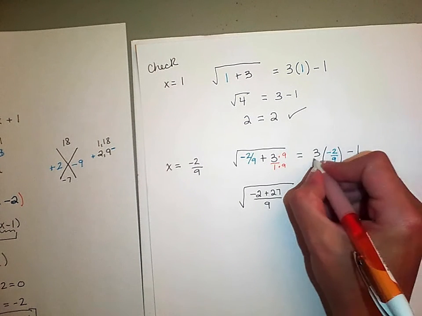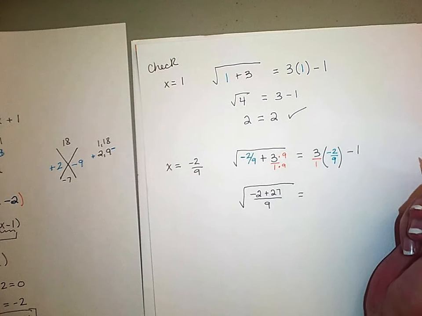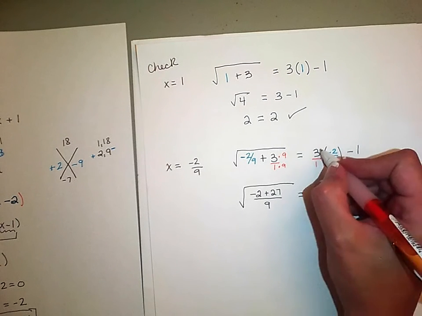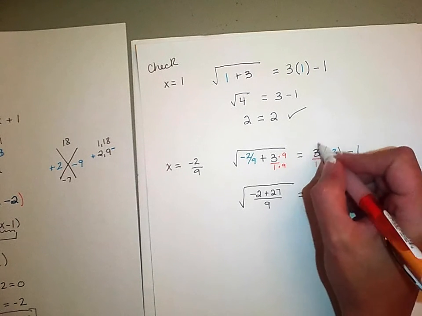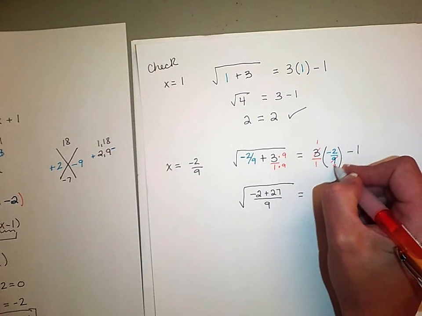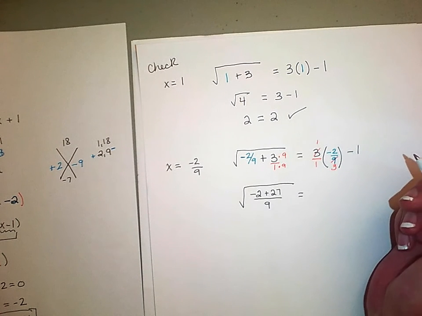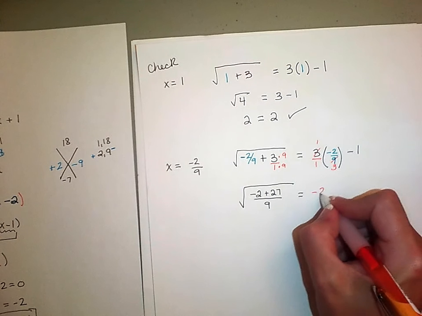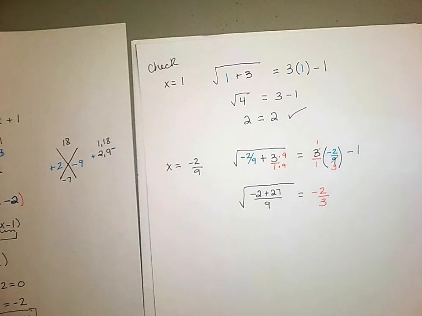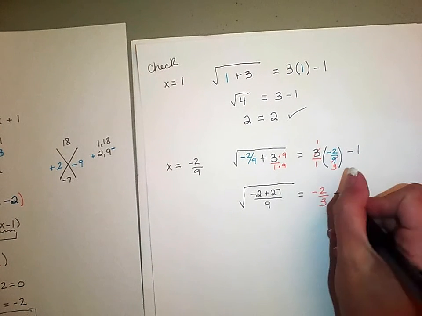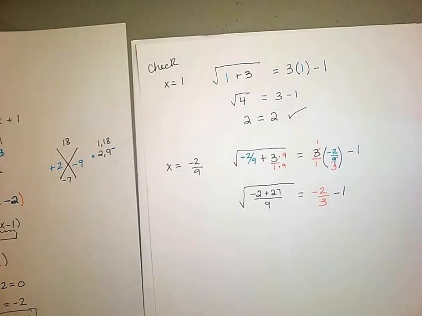Now here, this is like 3 over 1. And in multiplying, so 3 goes into itself once and into 9 3 times. So this is -2/3, and then I subtract 1.